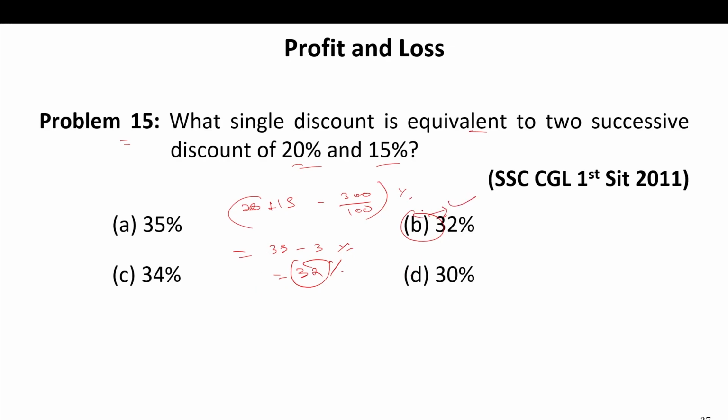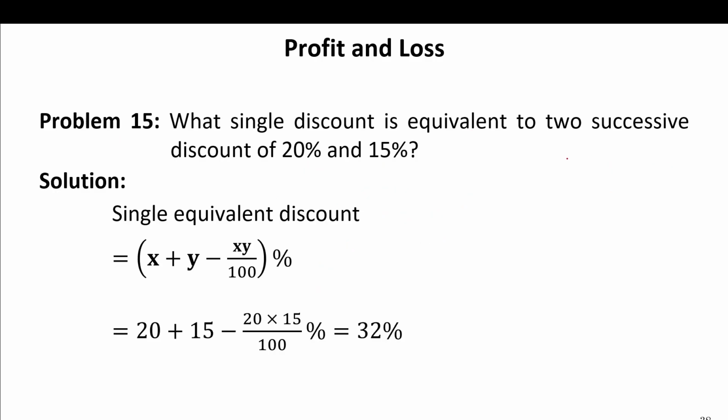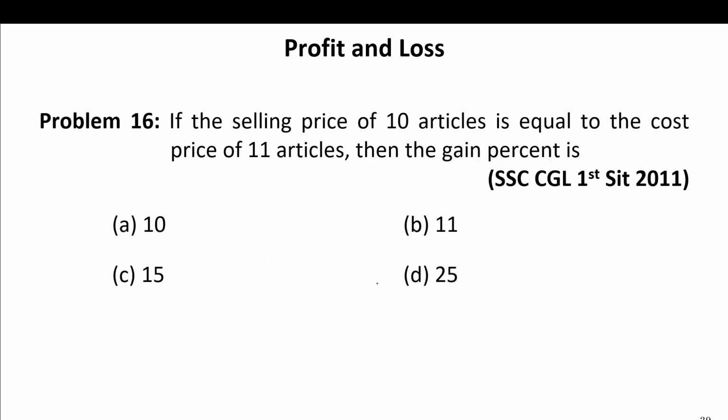D, C, and A, these are all wrong answers. So this question has appeared in SSC CGL first sitting 2021 paper. So single equivalent discount is equal to X plus Y minus XY by 100, right? This much amount of percent. So 20 plus 15 minus 20 into 15 by 100 is equal to 32%.